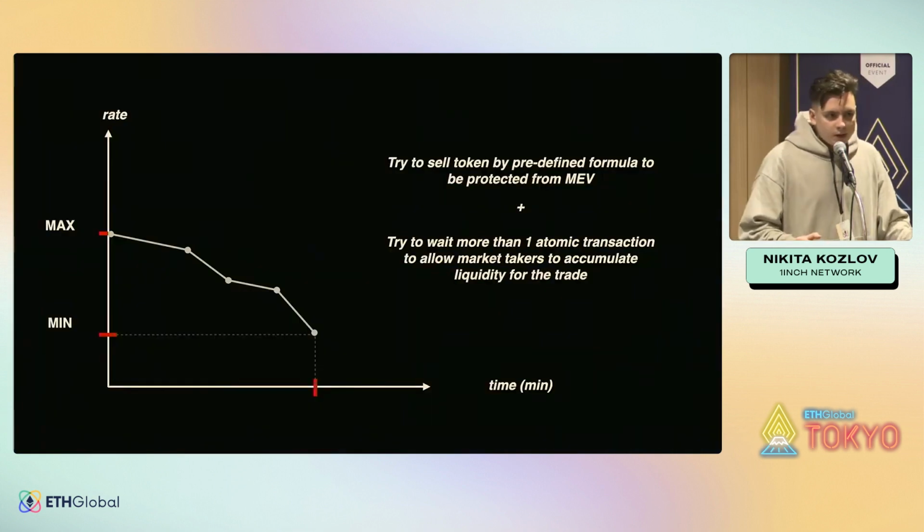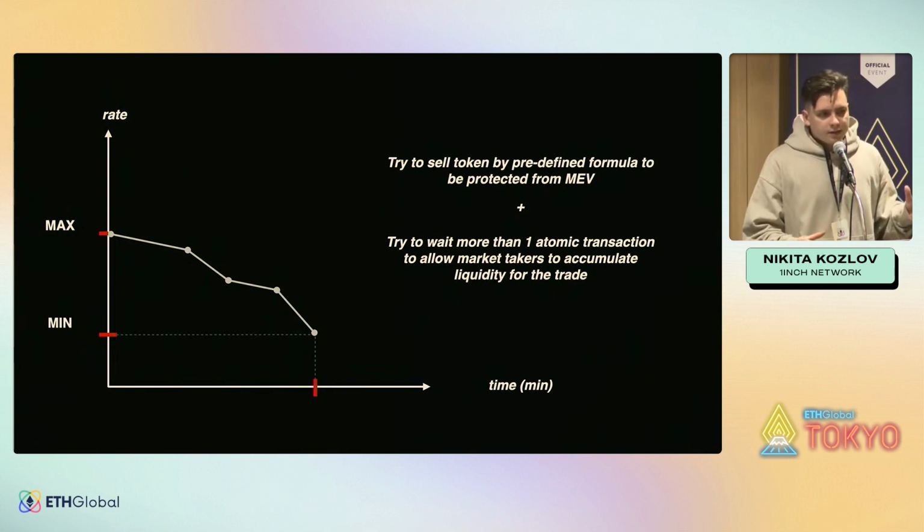How does it work? Basically, it's an auction. You say that you are okay to sell a specific amount of DAI, and the rate is going down and down, and all of that is actually one limit order. And it allows anyone, for example the resolver, the party who will try to fill your order, to aggregate liquidity during that moment.